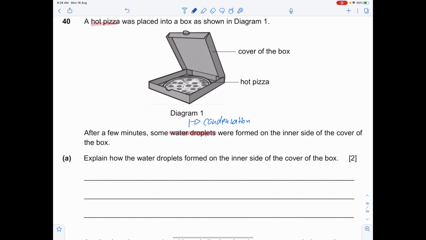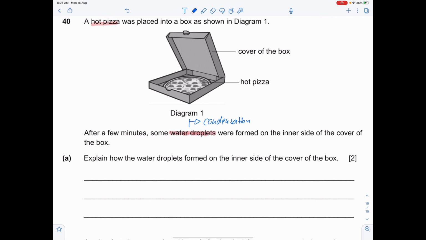In this case, I would say that the water vapor from the air in the box gains heat from the pizza, from the hot pizza, and becomes warmer.